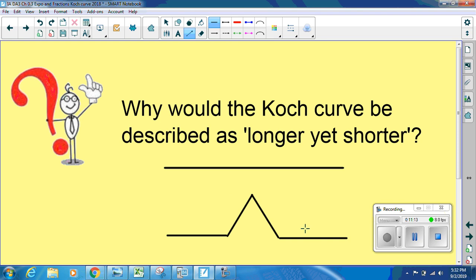If I stretch out this stage 1 right here, that will be longer than the first. The whole entire thing has gotten longer. Each piece, however, has gotten shorter, right? Each piece is just a third of what that segment was in the first place.